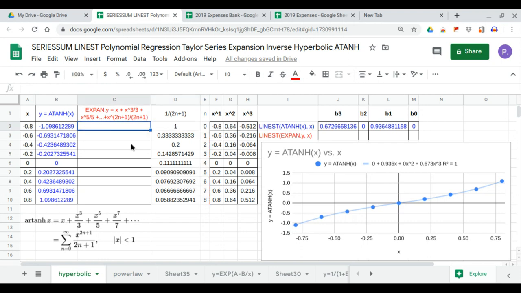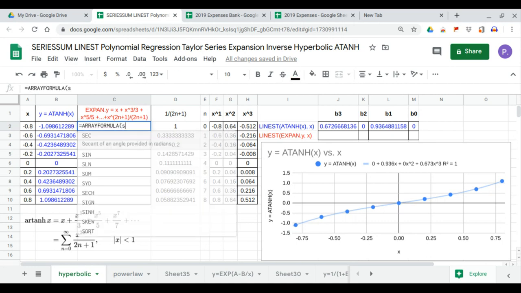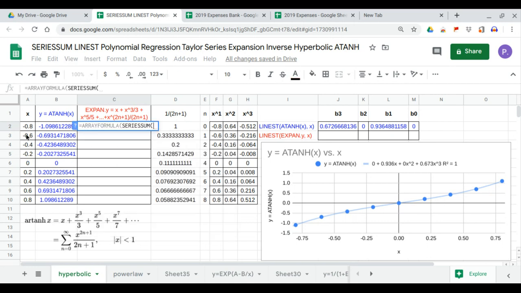Next, we now use the series sum. So the formula is series sum of the x values raised to the power 2n plus 1. 2 times 0 plus 1, that's 1. So raised to the power 1, incremented by, so we start with 1, 3, 5, 7.